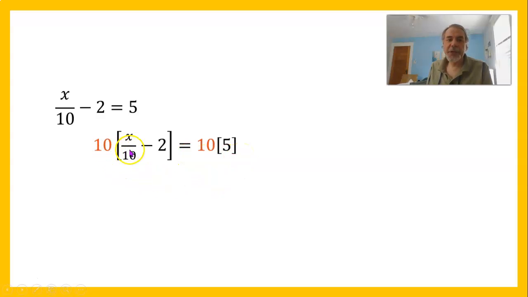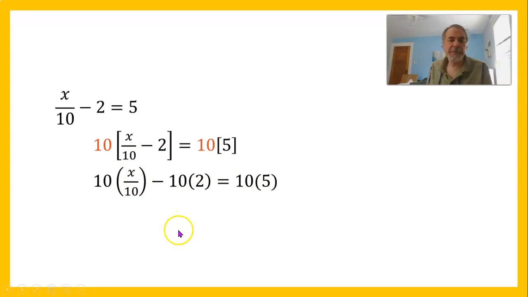And remember, multiplication distributes over subtraction. So the 10 is getting multiplied by each of these two terms. We're doing 10 times x over 10 minus 10 times 2. And then that's equal to 10 times 5.